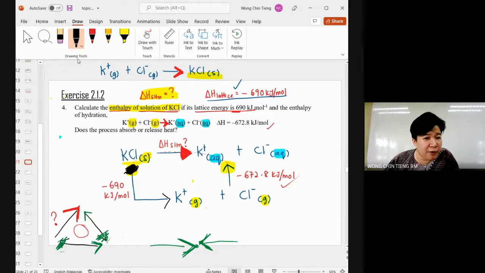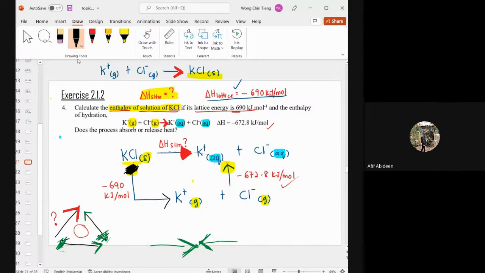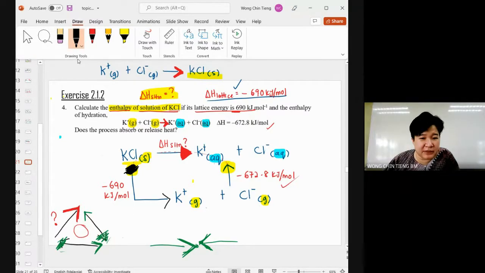Kalau arrow berubah, apa jadi pada value? Magnitude changes. Positif. From the negative become positive. Sama. Tak payah guna correction tape. Tak payah nak tunggu dia kering. Hang guna pen hang potong je. Hang tulis balik positif 690. Habis cerita.